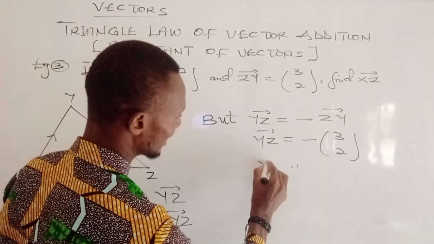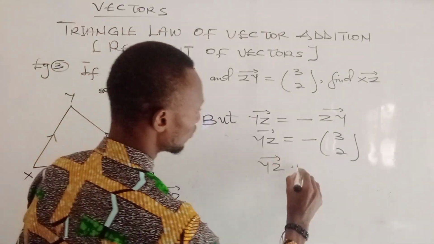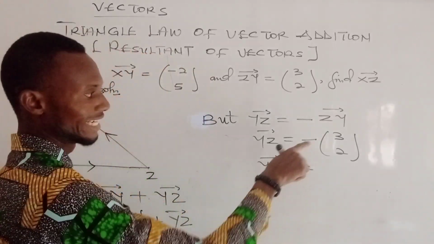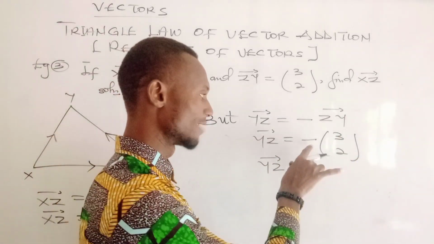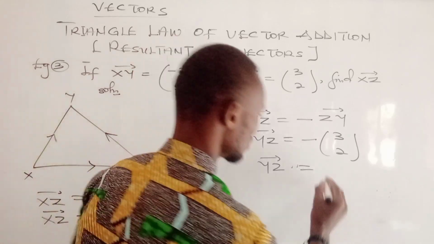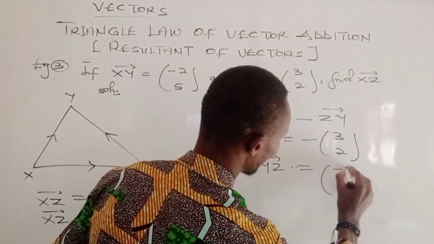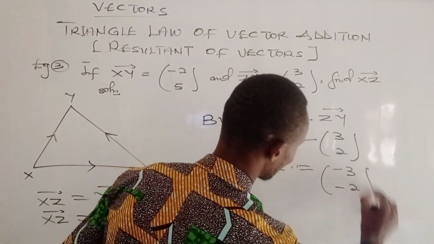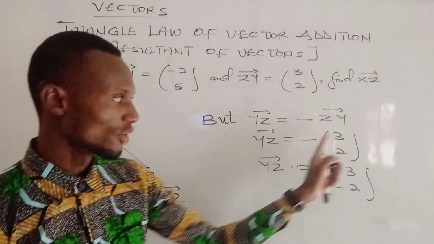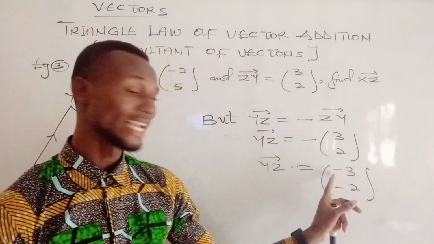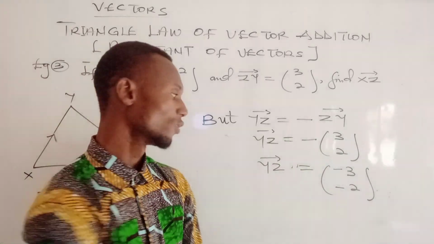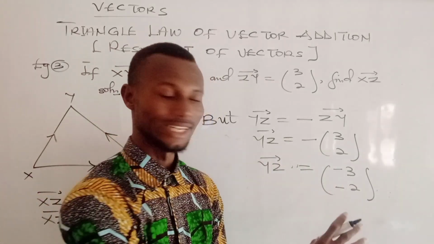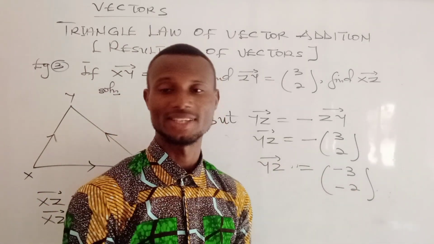Okay, so my vector yz will be equal to, the negative will affect the value at the top here and also affect the value down here. So I'm going to get minus 3, minus 2. The negative multiplies the 3, it gives negative 3, and the negative multiplies the 2 gives negative 2. So my vector yz that I need, I've gotten it, which is minus 3, minus 2.